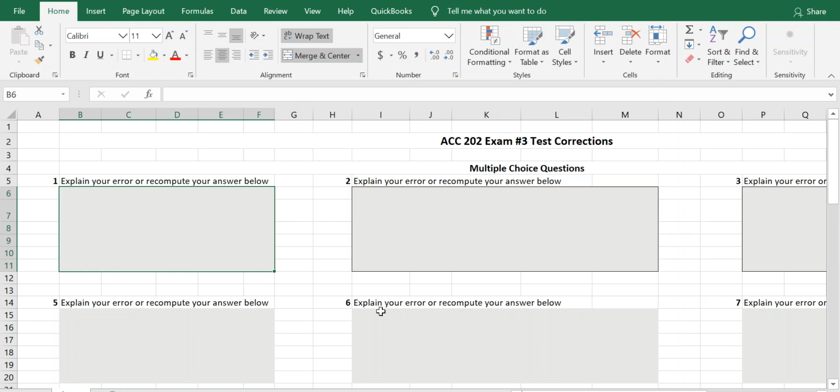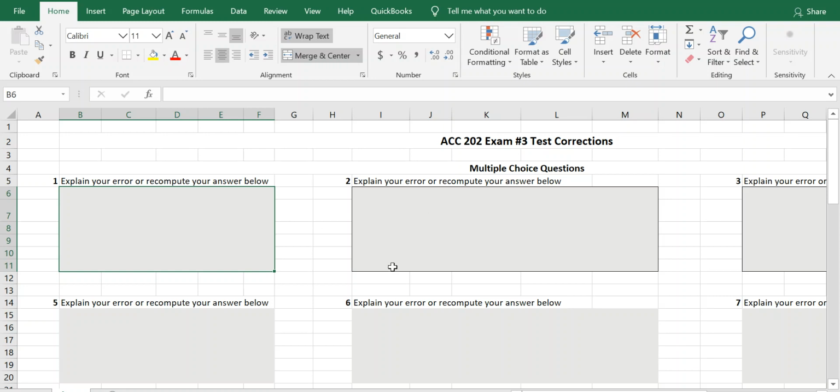If you got the question wrong, if it's a concept question, you need to explain what was wrong about the concept, or what is the correct concept and why. And if it's a problem, you can show me or explain to me how you should have calculated your answer. So you will have these options.